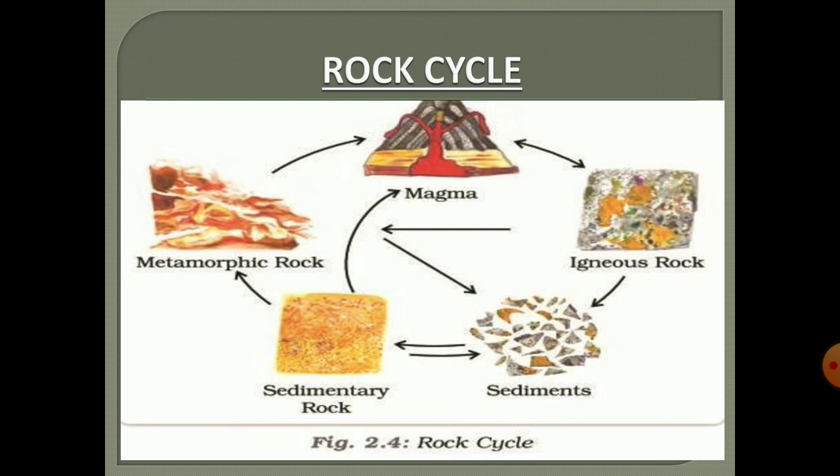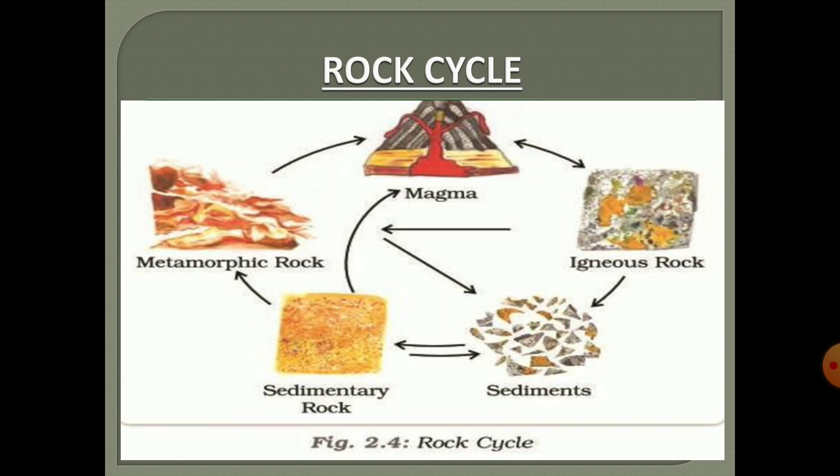You have already learnt that when the molten magma cools, it solidifies to become igneous rocks. These igneous rocks are broken down into small particles that are transported and deposited to form sedimentary rocks. When the igneous and sedimentary rocks are subjected to heat and pressure, they change into metamorphic rocks.